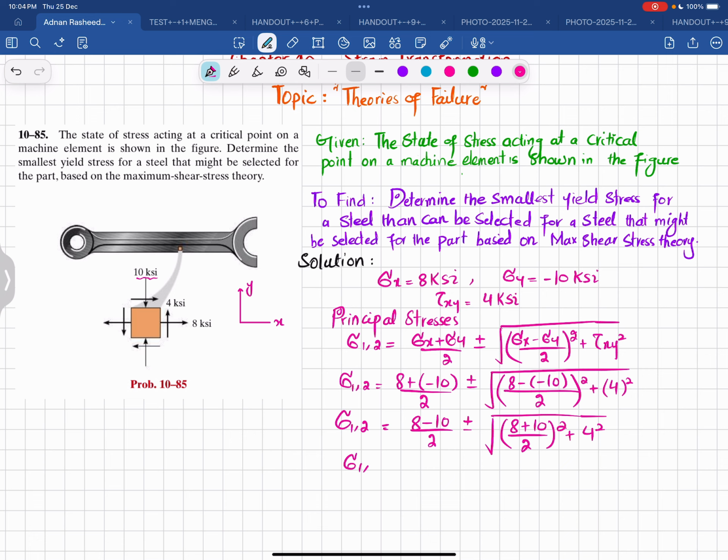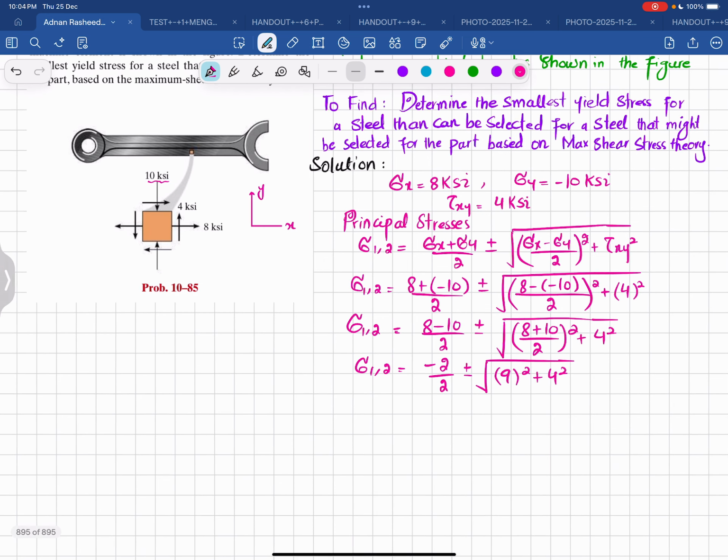So sigma 1,2 will be equal to minus 2 divided by 2 plus minus, 18 divided by 2 is 9, so 9 squared plus 4 squared.